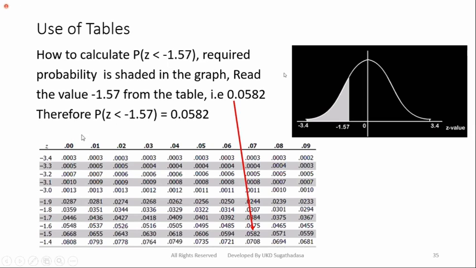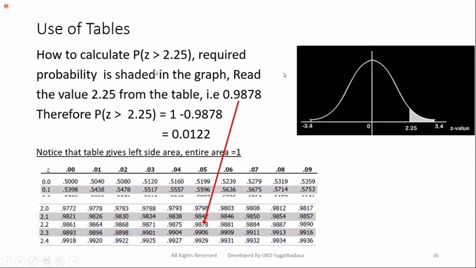It says minus, so we have to go to the minus side of the table. See, the minus value is minus 1.5 here, and see the red arrow here, 0.0582. By looking at it, you can understand, if you have common sense, that's all.